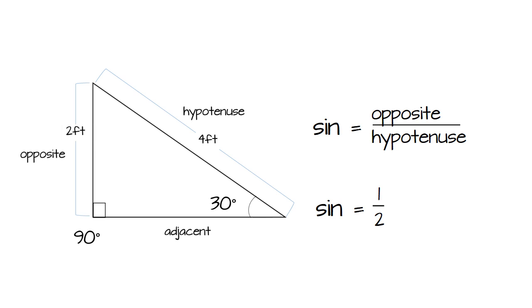And something that tends to confuse people is the fact that all 30-degree angles in a right triangle are going to have a sine of 1/2, regardless of how big or small the triangle is. People sometimes get confused about that, but if you type in sine of 30 degrees into a calculator, you're going to get the answer 0.5.